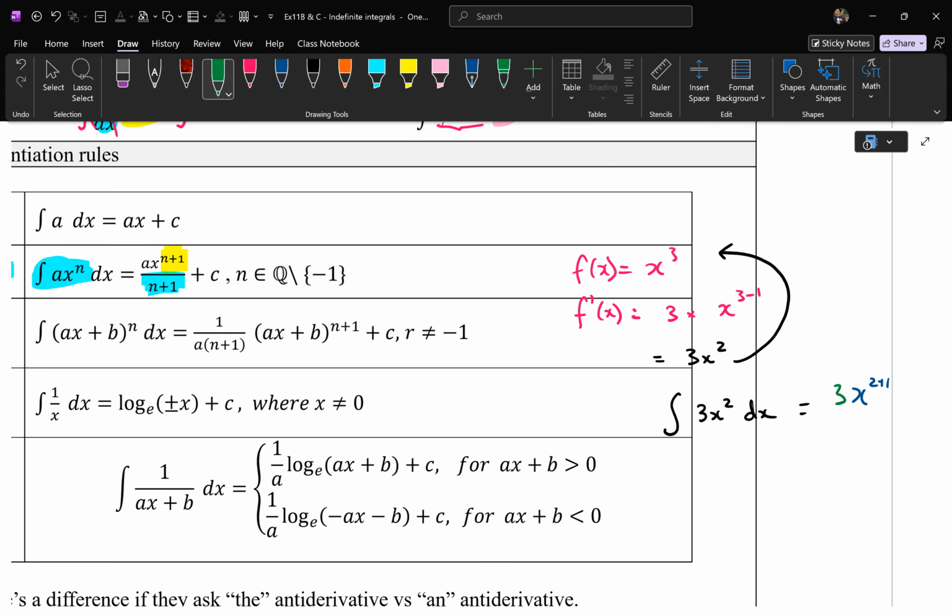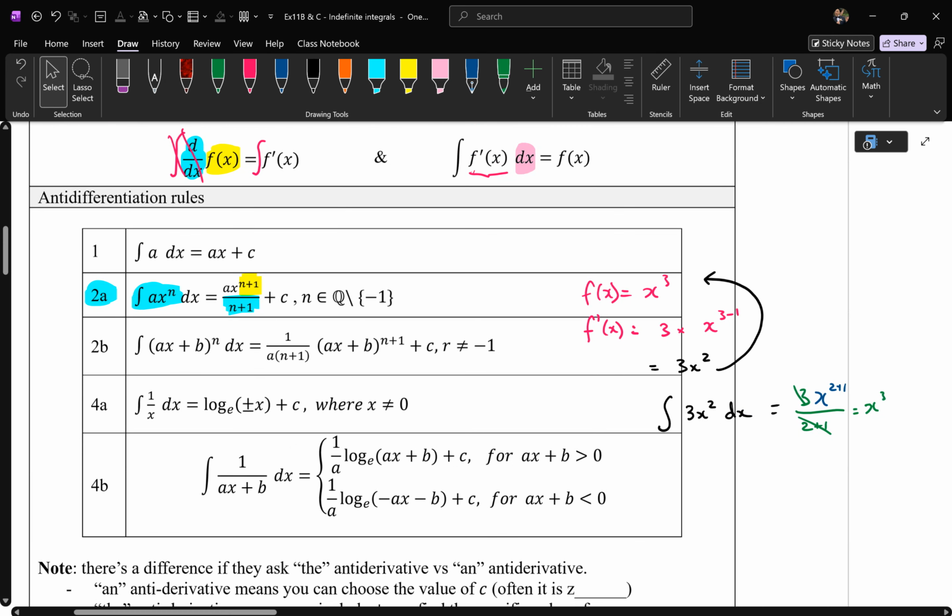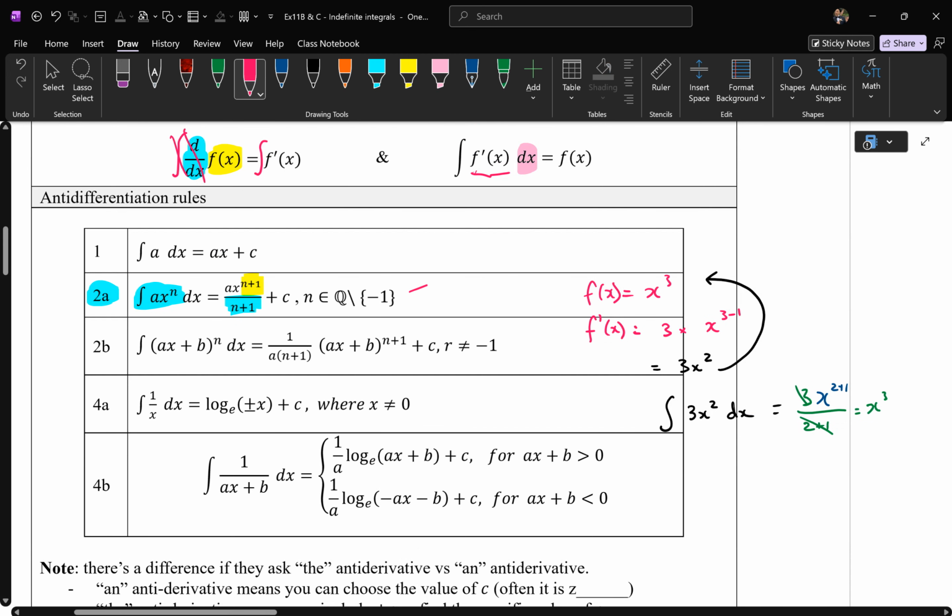You got it because you multiplied, so now the reverse is divide. That's why I have to divide by 2 plus 1, and that's what the rule's saying. See that? n plus 1 and divided by n plus 1. That 2 plus 1 will cancel out the 3. And that's how you end up with x cubed. So essentially, this rule here is the reverse of the power rule.